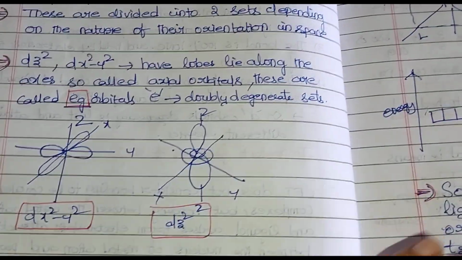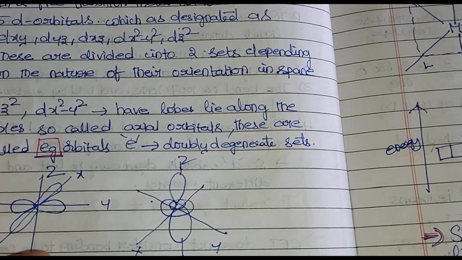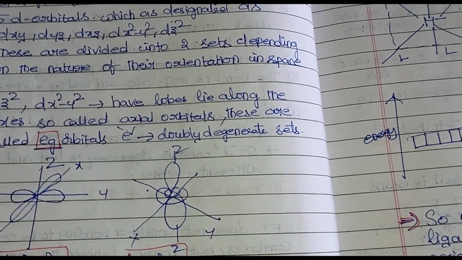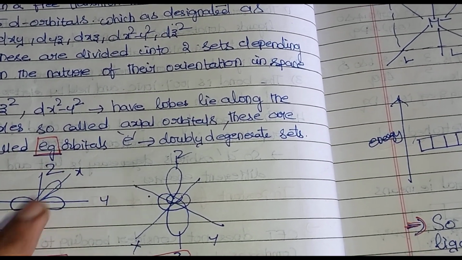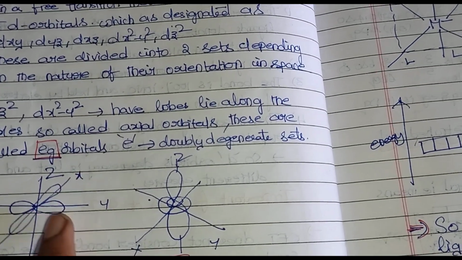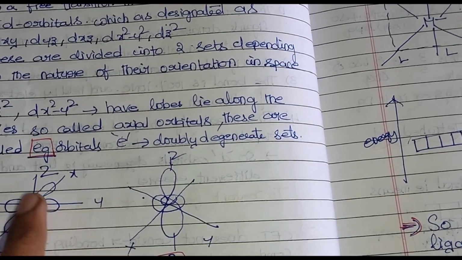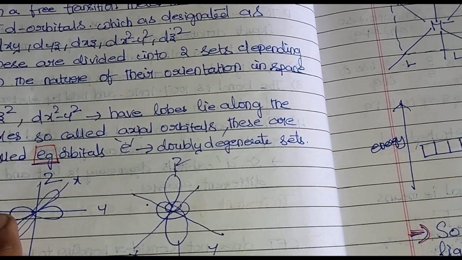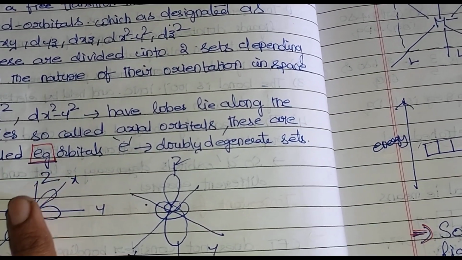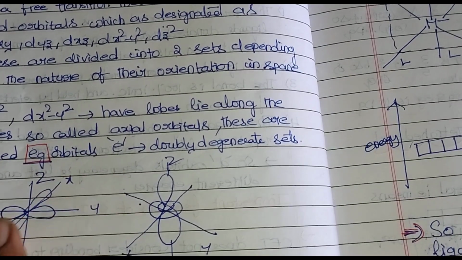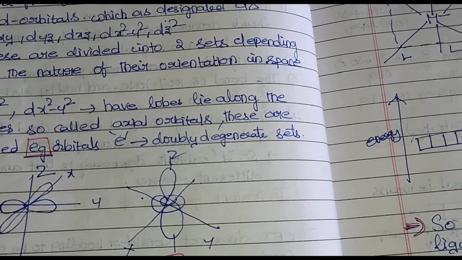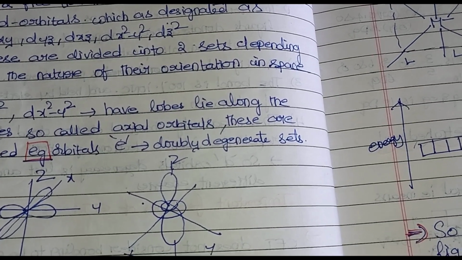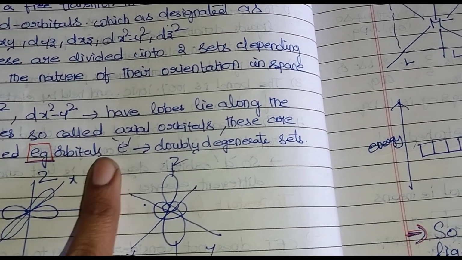Let's see. First, when we take dz square and dx square minus y square, these have lobes lying along the axis. As the orbitals are present along the axis, they are called axial orbitals, and these are called eg orbitals.